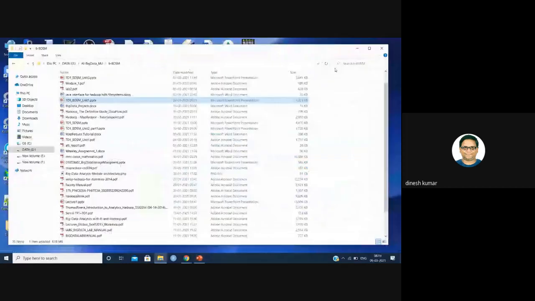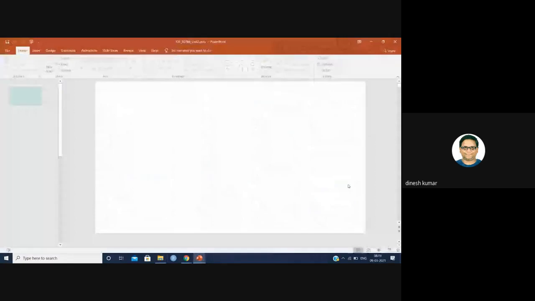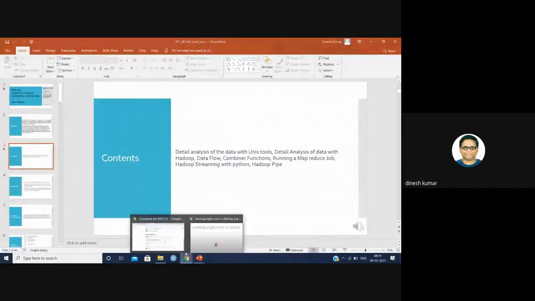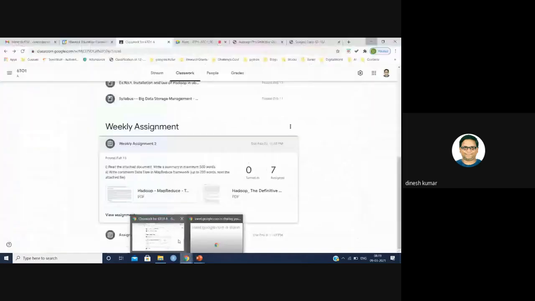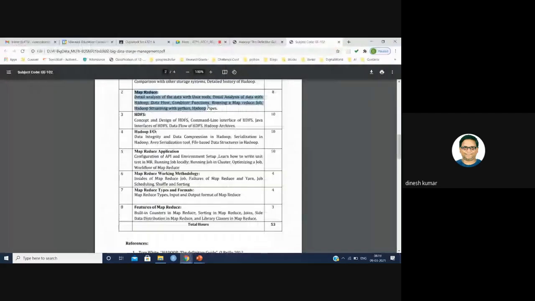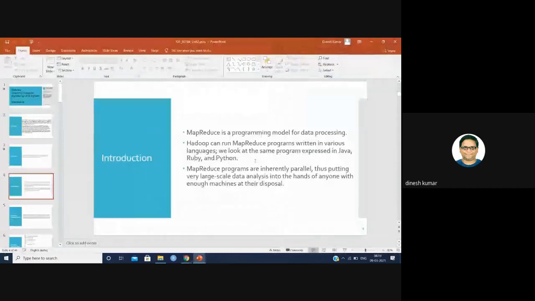Unit 2 included MapReduce. In fact, mainly the definition of MapReduce is included. We will cover MapReduce in more detail later, with more programming. So MapReduce programming, MapReduce example, MapReduce properties, MapReduce characteristics, all these things we saw in Unit 2.